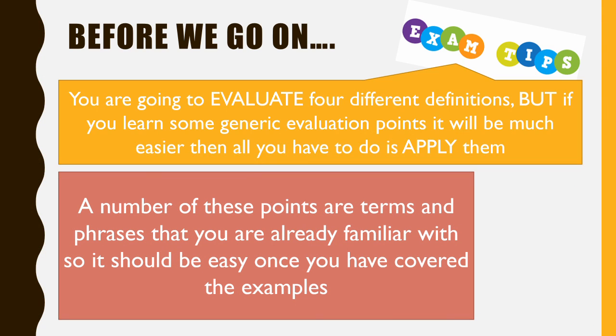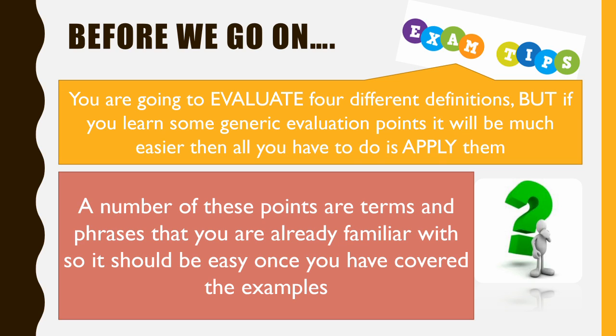Okay, so now we've outlined one definition of abnormality, and before we go on to the evaluation, I'm going to tell you there are going to be some generic evaluation points that keep cropping up. These generic evaluation points are really easy to learn.